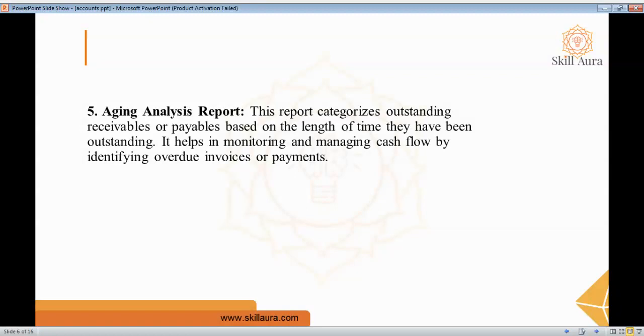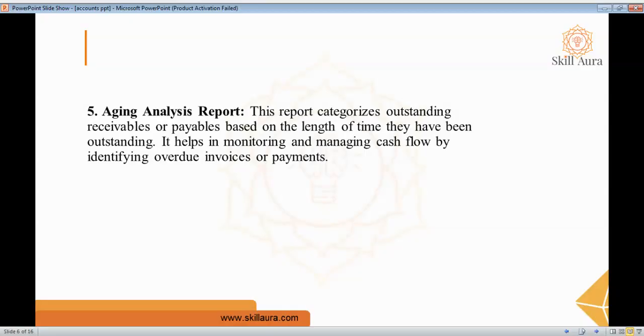In Tally, the aging analysis report can be generated for accounts receivable and accounts payable itself. It helps in monitoring and managing the cash flow by identifying the overdue invoice or a payment.